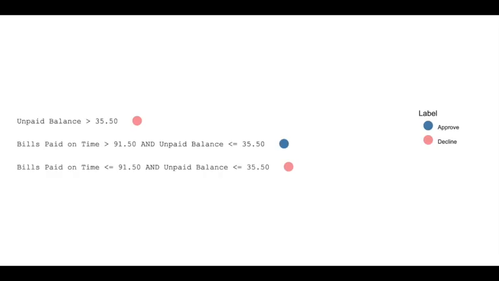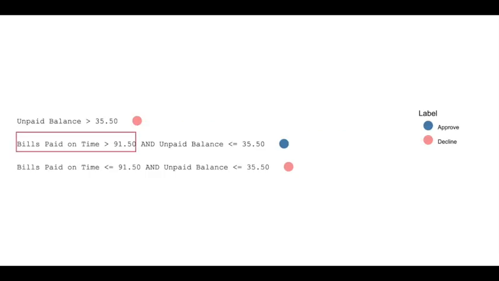One way to describe this process is through the use of a set of rules. Using the credit card application example again, the way the machine learning model makes decisions can be described by the set of rules that you can see here. We have 3 rules in this diagram. When an application comes, if its unpaid balance is bigger than 35.5, then the application is labeled with decline.